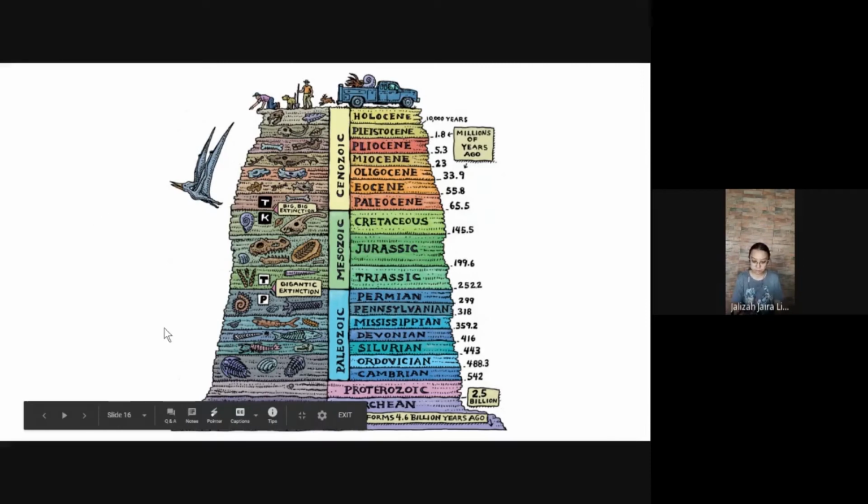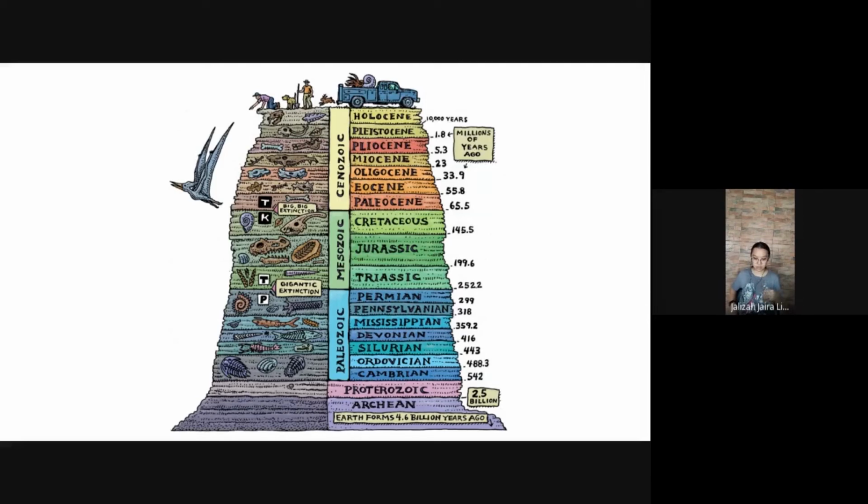So, for example, during the Proterozoic era, this is actually like the first birth of different algae and also microbial life, and most life actually exploded during the Cambrian period in the Paleozoic era. And of course, one notable extinction is what happened in the Cretaceous period in the Mesozoic era. That's actually when dinosaurs started to die out.